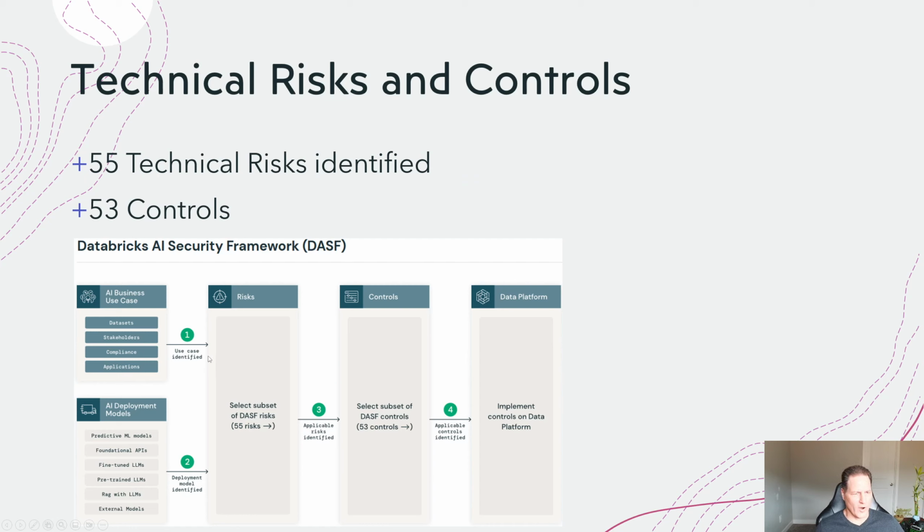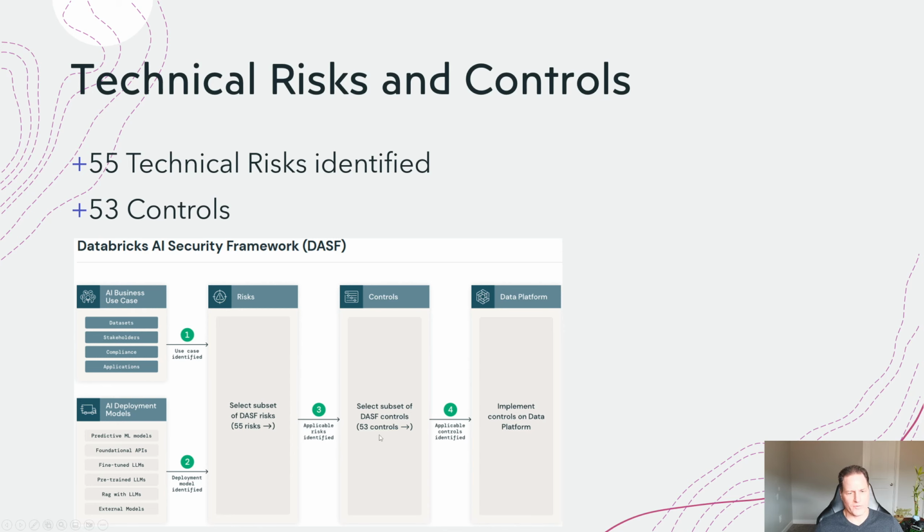This is just a little overview. It shows the type of models that this framework is really geared around. And like I said, the retrieval augmented models here with the LLMs is very important, because that augmentation, while it increases the performance of the model significantly, it also gives the opportunity for some adversarial attacks that you've got to be very conscious about. 55 different risks, that's a pretty broad threat surface for you to evaluate and risk assess on a regular basis.